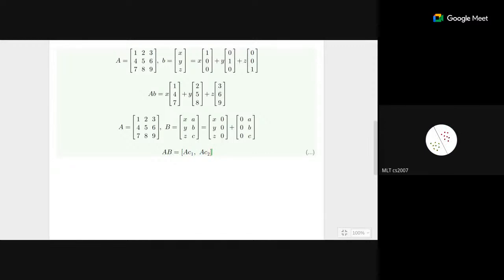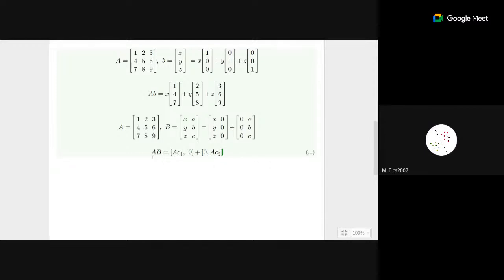We sum it up, but in the process it will be AC1 plus 0 column plus AC2.